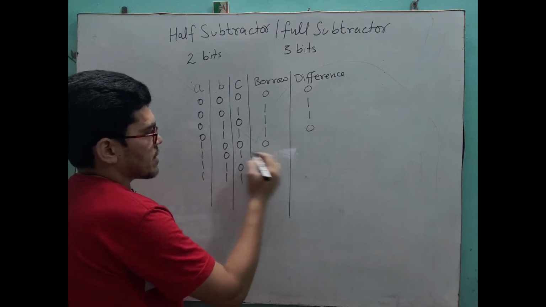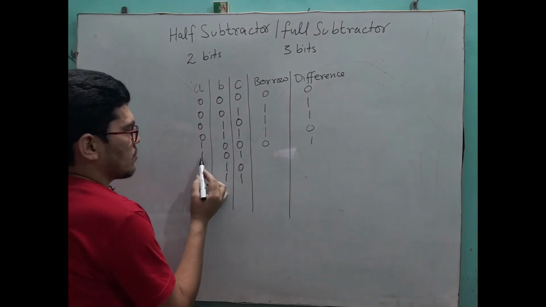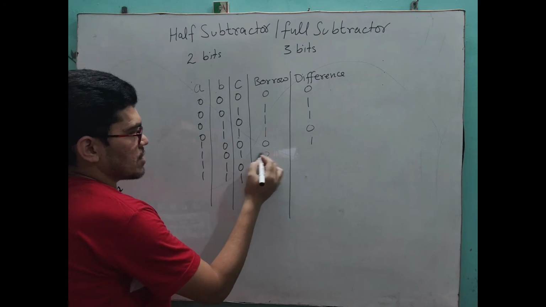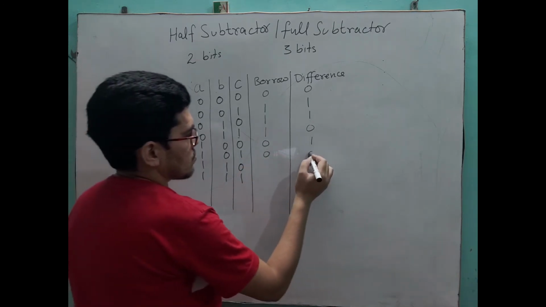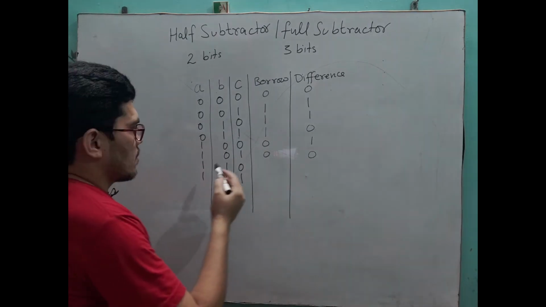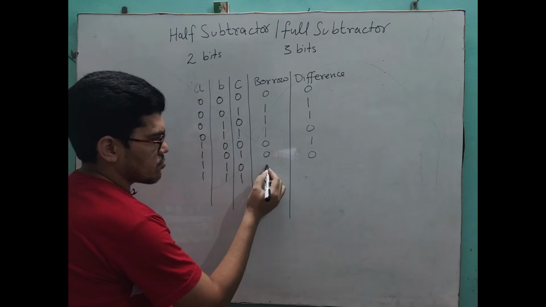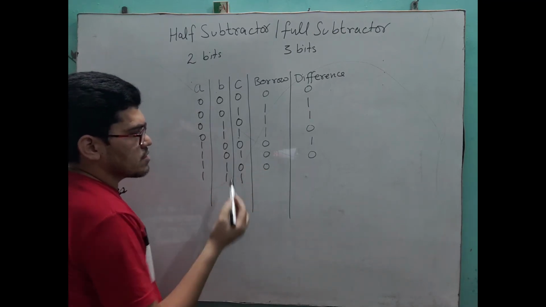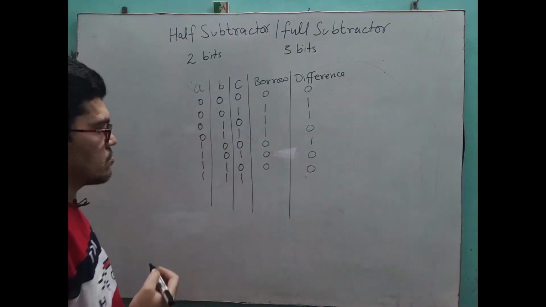So no need to take any borrow, and the difference is 1. 1 minus 0 is 1, so no need to take any borrow, and 1 minus 1 is 0. Next, 1 minus 1 is 0, so no need to take any borrow, and 0 minus 0 is 0, so here is also 0.